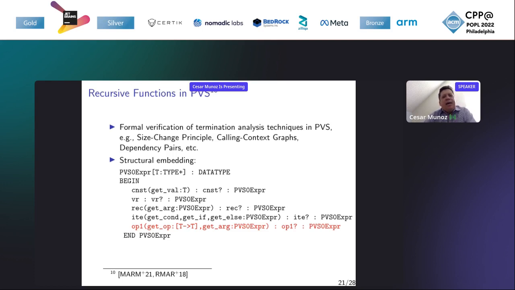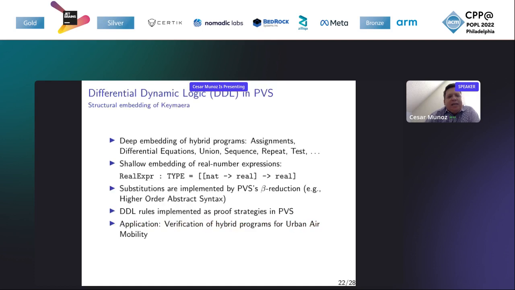So let me skip this structural embedding of PBS in PBS. It's a little bit technical.